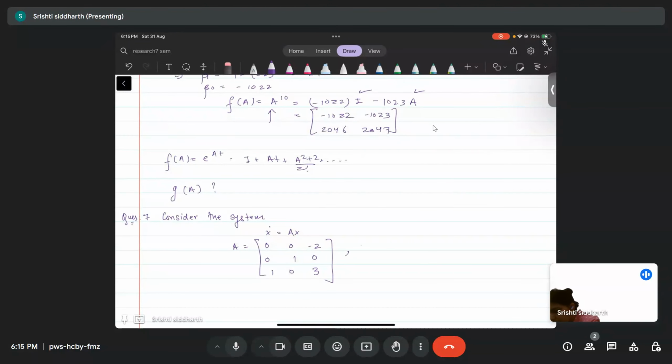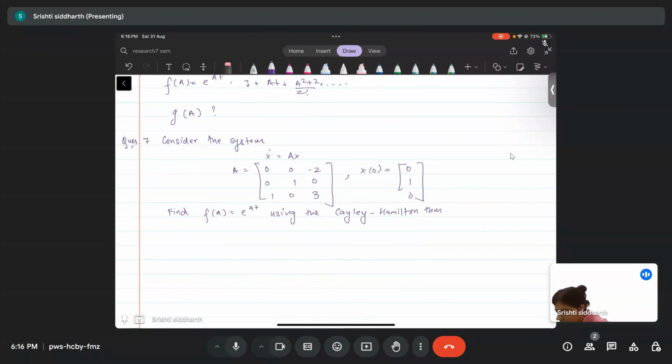The third order system with an initial condition 0 1 0, and the goal is to find out f of A equals e to the power At using the Cayley-Hamilton theorem. Alright, so let's see. The first step is to compute the characteristic polynomial.